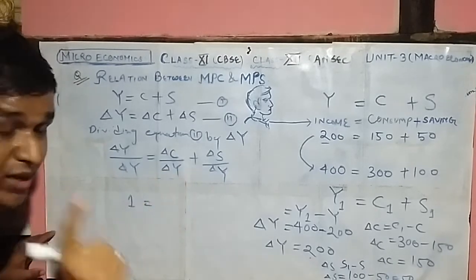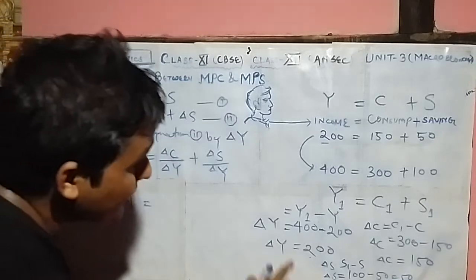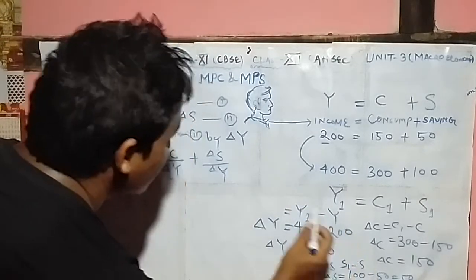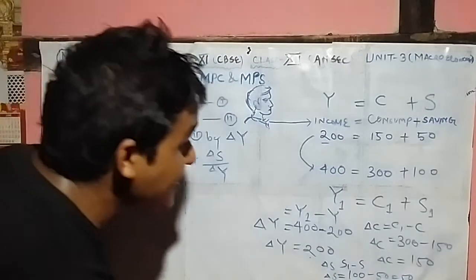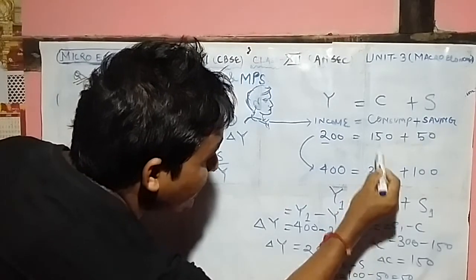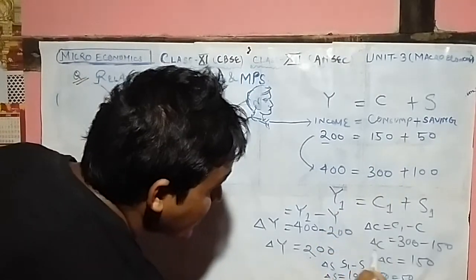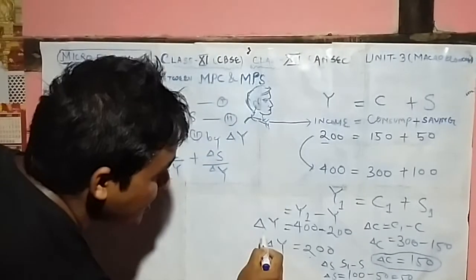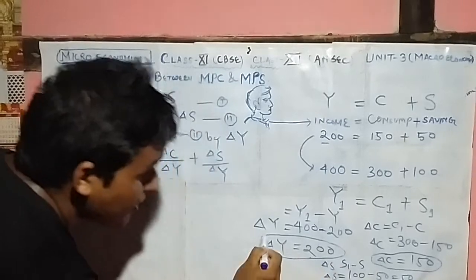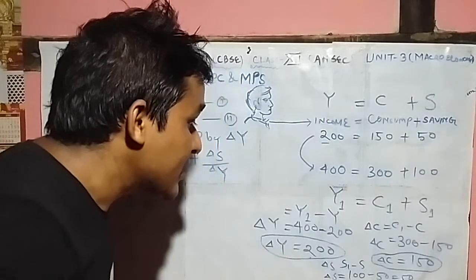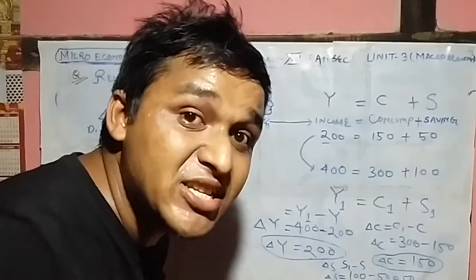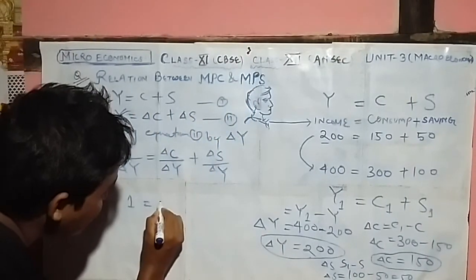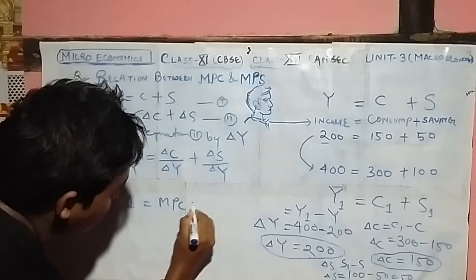Delta C by delta Y means the change in consumption: from 150 to 300, the change in consumption is 150, and the change in income is 200. That is, when income changes, the change in consumption is MPC. So delta C by delta Y is nothing but MPC.